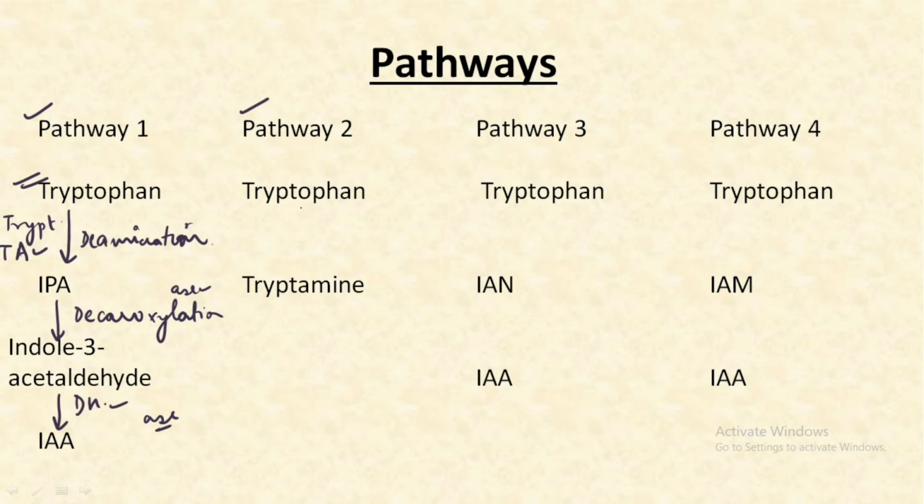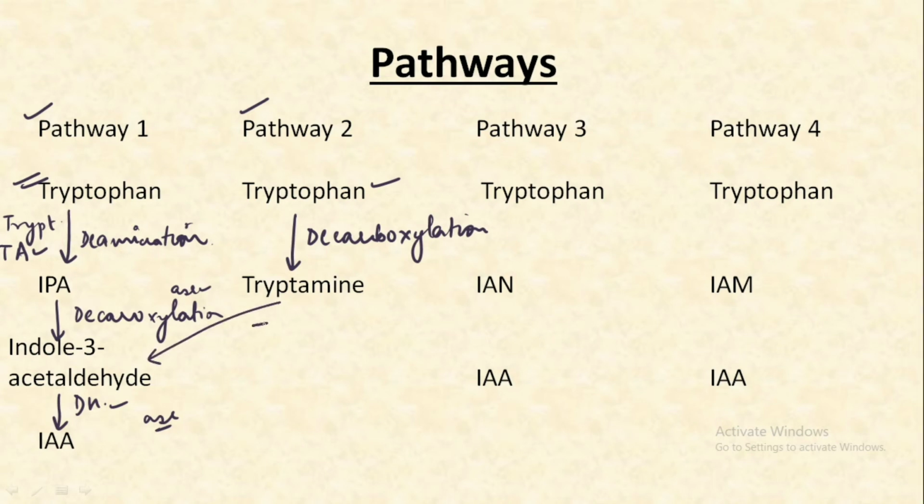Let's understand about the second pathway. We have initially the same precursor, that is the tryptophan, getting converted into tryptamine by the process of decarboxylation, and then tryptamine gets converted into indole 3-acetaldehyde by the process of deamination, and finally the indole 3-acetaldehyde gets converted into indole 3-acetic acid, the final auxin molecule.